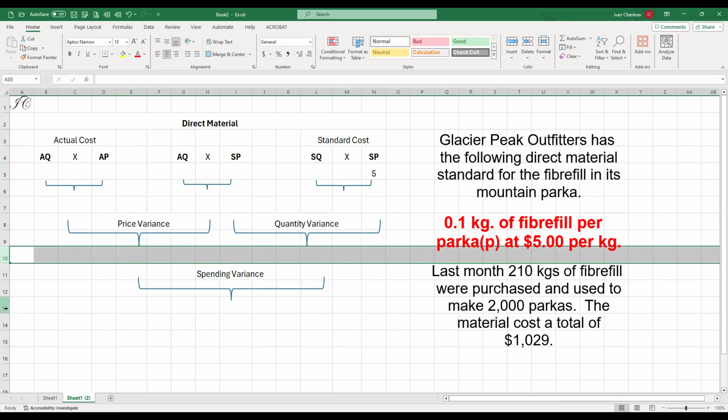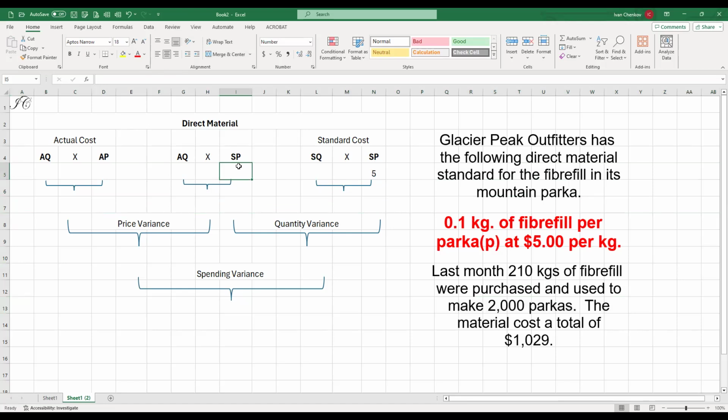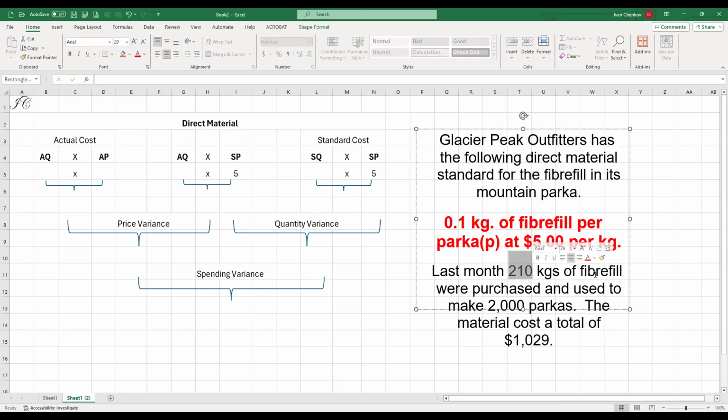So we have our first number from our equation. That standard price will be equal to the standard price, so that's also $5. Correct? Next thing, last month, 210 kilograms of this fiber fuel were purchased and used in our production.